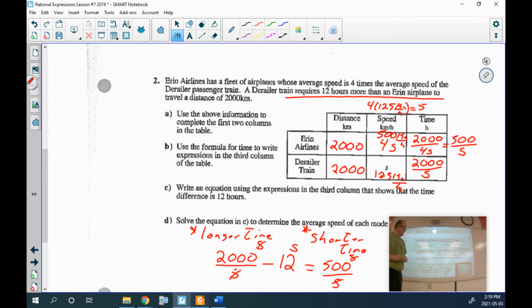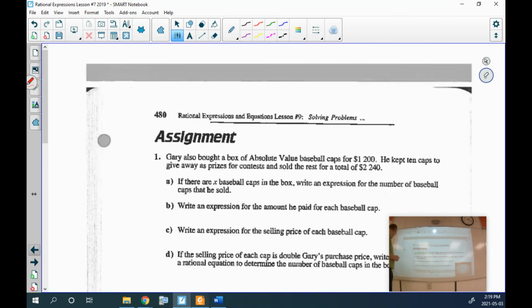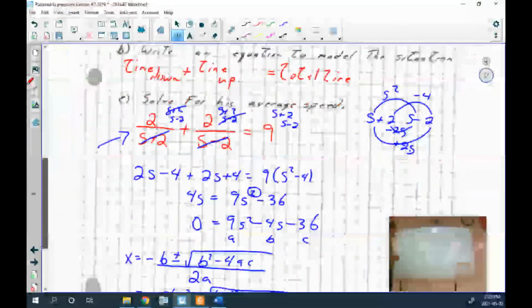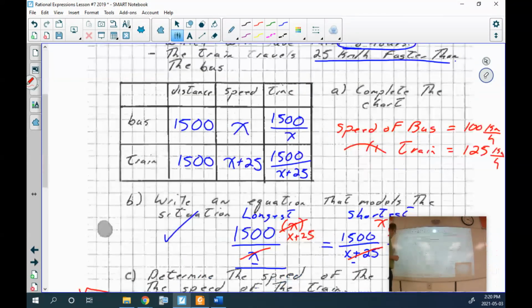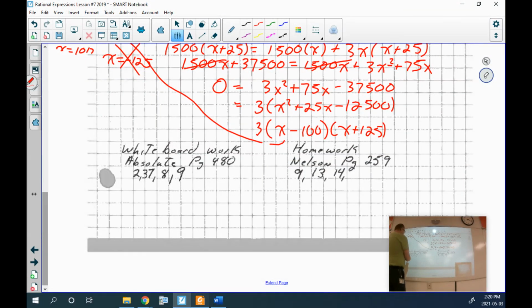Okay, so that's that. You are asked to do for homework, and I'll go over these questions with you when I get back. You have the whiteboard work 3, 7, 8, 9, and then homework 9, 13, and 18.